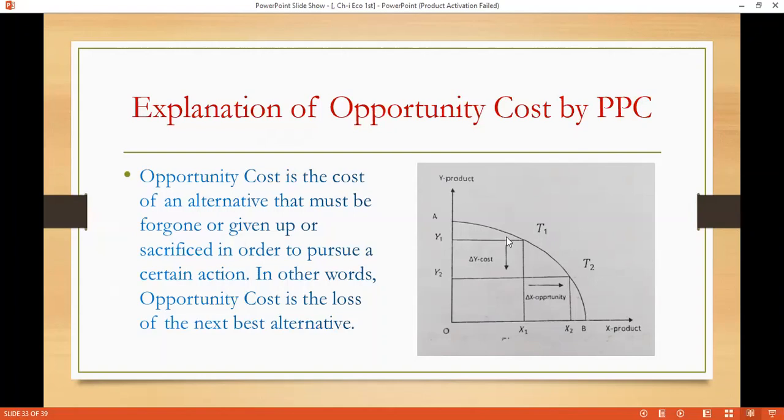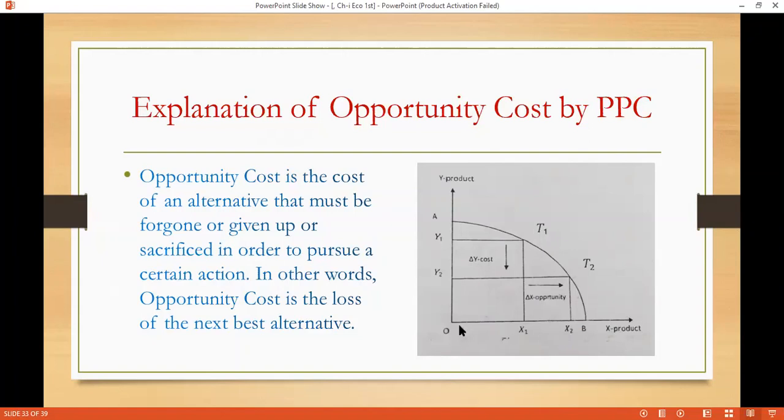So let us see it in the diagram. On the vertical axis there is Y product, and on the horizontal axis there is X product. This graph is drawn in a symbolic way. There is no production possibility schedule, so there are no numbers or quantities here.